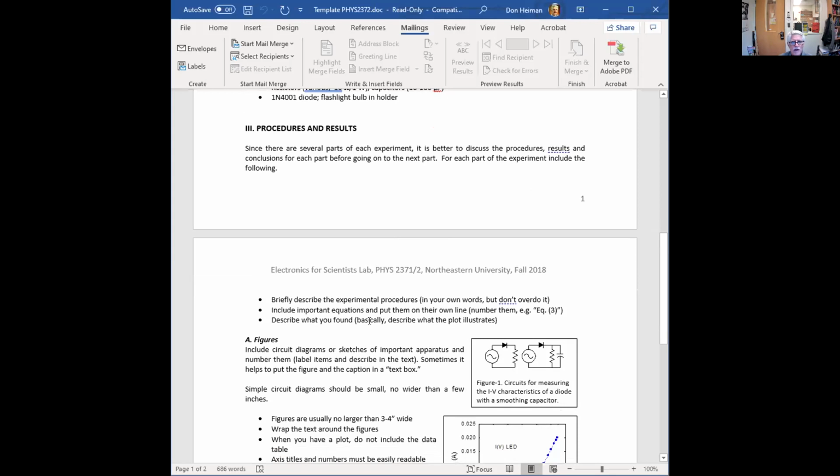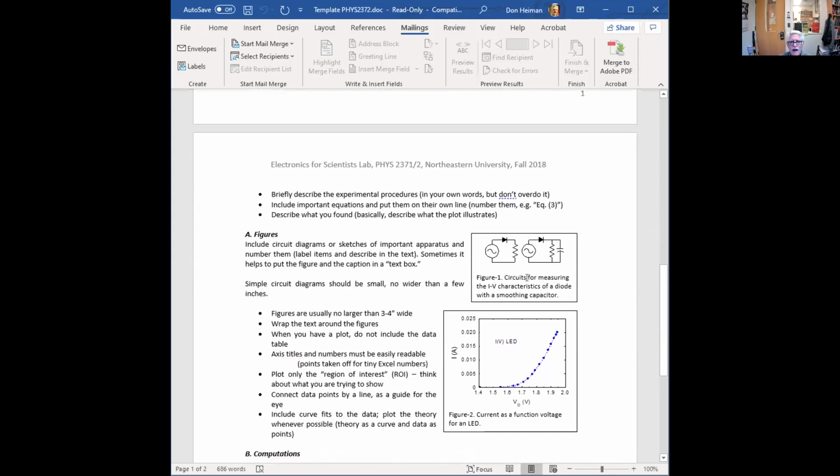And describe what you found. Often the plots, the figures are what you found. Here, are the result. You have to have circuit diagrams. Every figure has to have a caption to it. Okay, not a title, but just a caption.